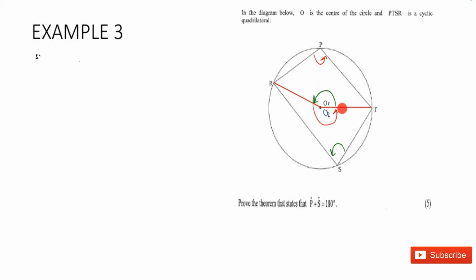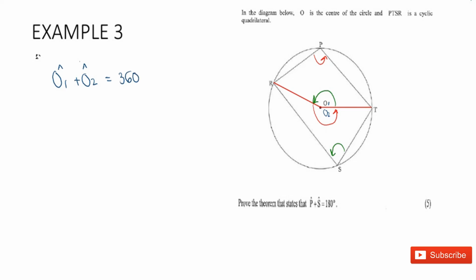This angle O1 is making a revolution, and one revolution is equal to 360 degrees. So if we add angle O1 and angle O2, we should get 360. So we're going to write that: angle O1 plus angle O2 is equal to 360.